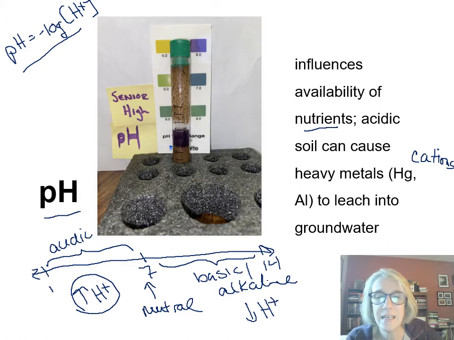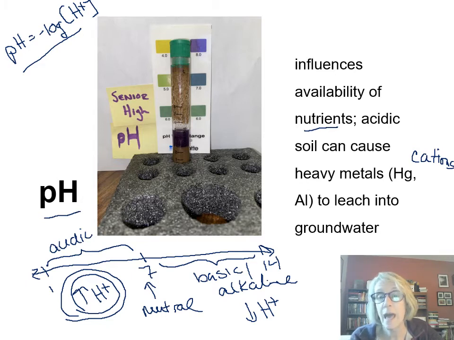And so when they stick to the soil, if you have too much acid, too many hydrogen ions, these positive hydrogen ions bump the heavy metals out of the soil, and then they can leach and go through the soil and into the groundwater, okay? Whether a soil is acidic or basic really depends on a whole bunch of factors.